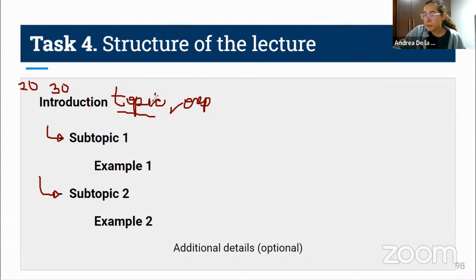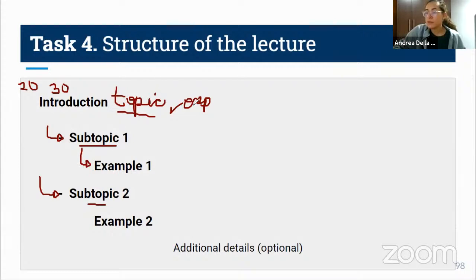So if we're talking about pollution, maybe you have 2 different causes of pollution, cause 1 and cause 2, or 2 different effects of pollution, effect 1, effect 2, 2 different definitions of pollution, 2 different ways of solving pollution, way number 1, way 2. No matter what you have, you always have 2 big subtopics, 2 big subtitles, if you want to see it that way. And each subtitle, each subtopic contains 1 example.